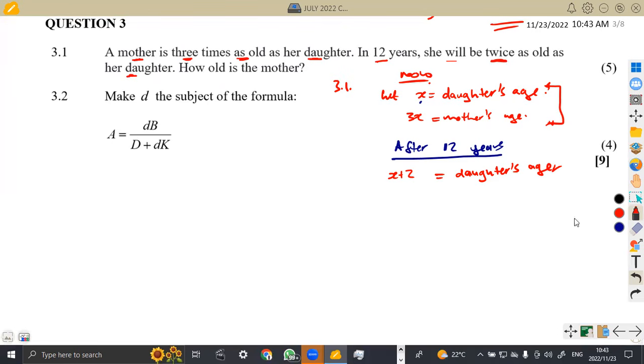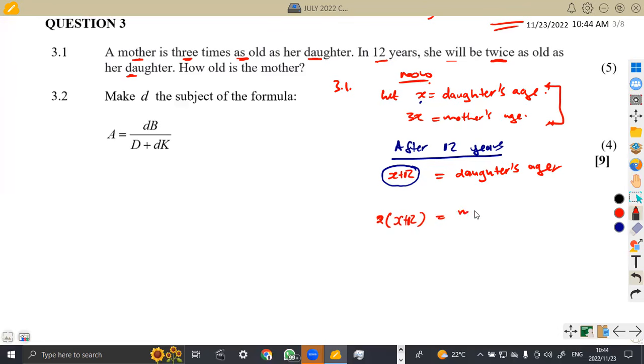Okay, this is what we have for the daughter. The daughter is actually X plus 12. And the mother is said to be twice, so we are going to multiply by 2. So the mother is going to be 2 times X plus 12. That is twice.